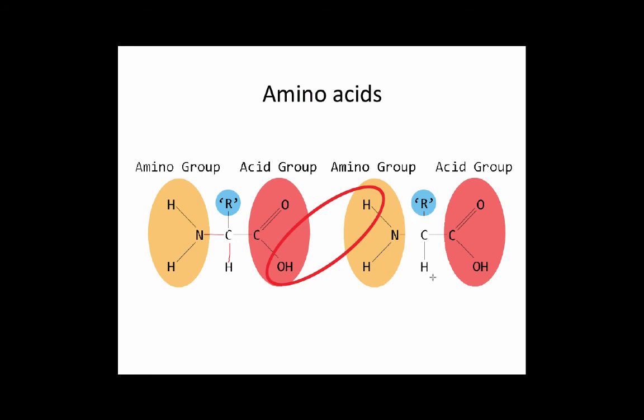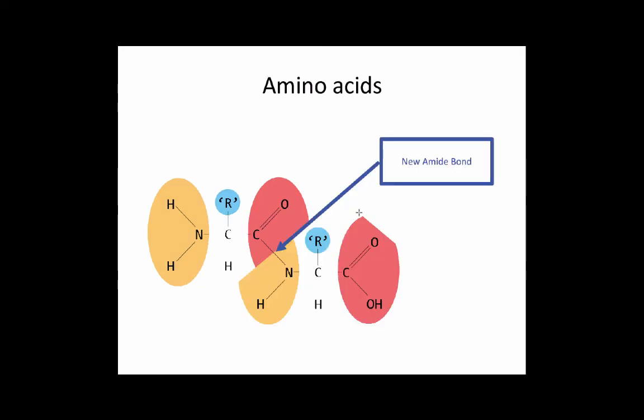This is another amino acid molecule. And of course, amino acids are what go into proteins. So how does this work? It turns out the OH from our carboxylic acid and the H from our amine get together and make water. And now we have a new amide bond. Beautiful artwork too, don't you see?